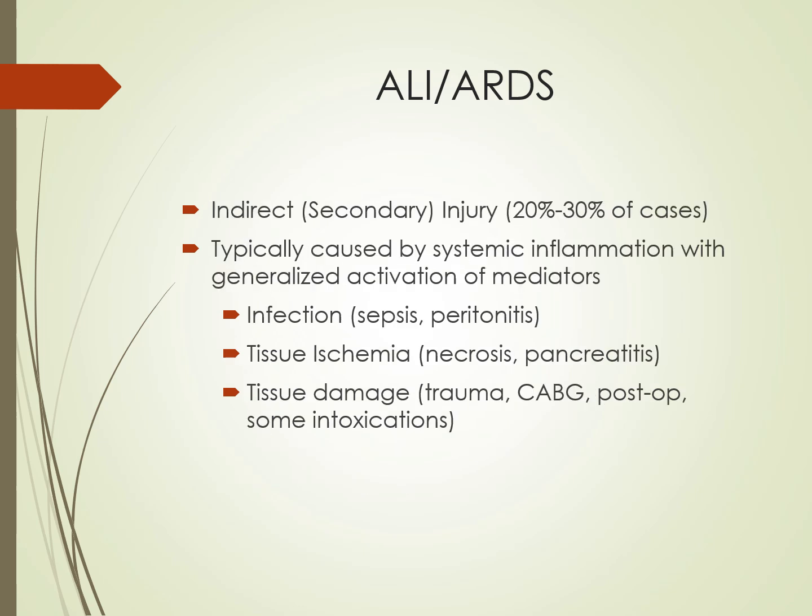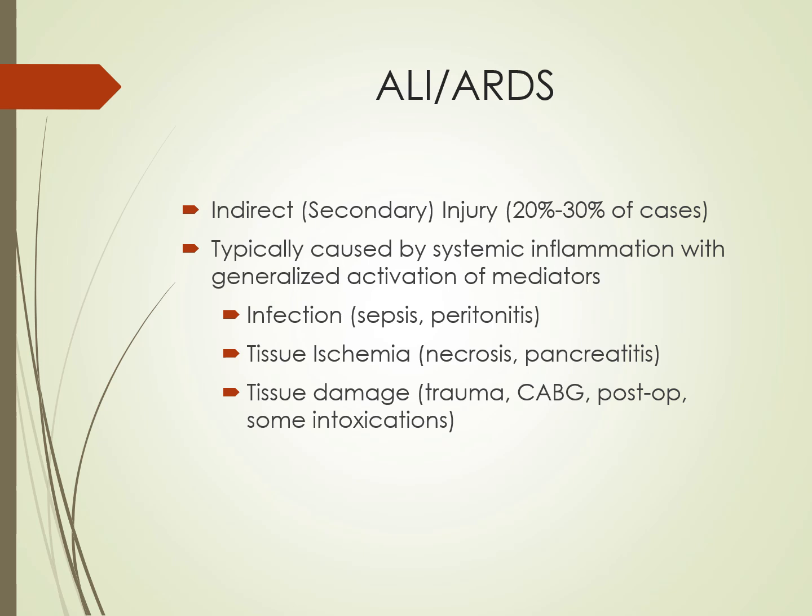Indirect ARDS, or secondary ARDS, occurs around 20–30% of the cases. And the most common cause of this is systemic inflammation, and this is caused most likely by infection. A lot of times patients who become septic or have peritonitis end up getting ARDS secondary to the infection.